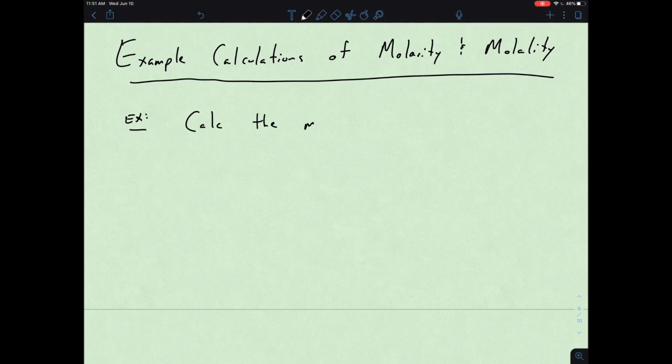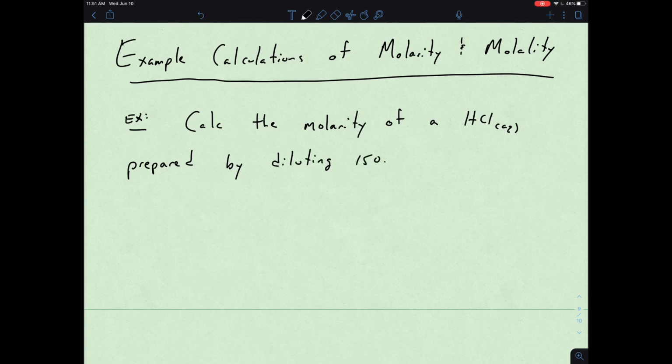So we want to calculate the molarity of a hydrochloric acid solution prepared by diluting 150 milliliters of concentrated HCl.